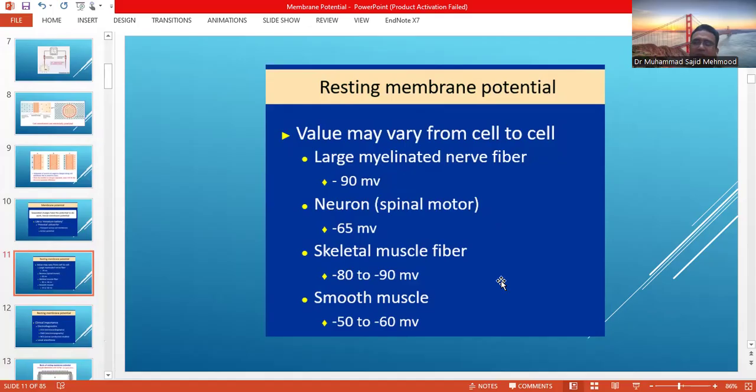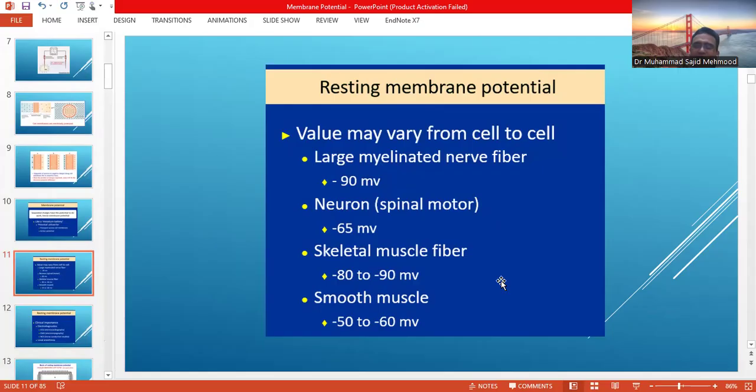Now, the values of the resting membrane potential. The resting membrane potential in large myelinated nerve fiber is minus 90 millivolt, while the resting membrane potential in the neuronal cell body is minus 65 millivolt.